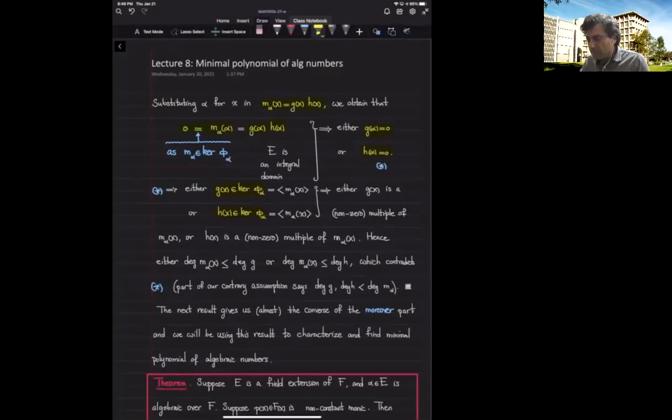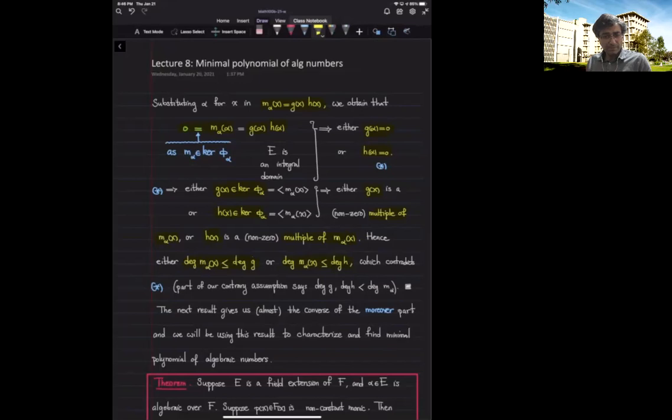That means either g is a multiple of the minimal polynomial, or h is a multiple of the minimal polynomial. If g is a multiple of m_alpha and it's a non-zero multiple, we deduce that the degree of g should be at least the degree of the minimal polynomial. Similarly, in the other case, we deduce that the degree of h should be at least the degree of the minimal polynomial.